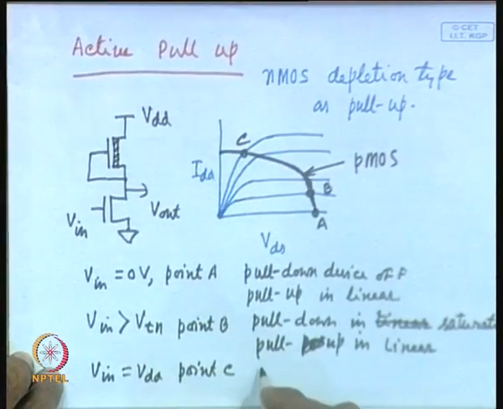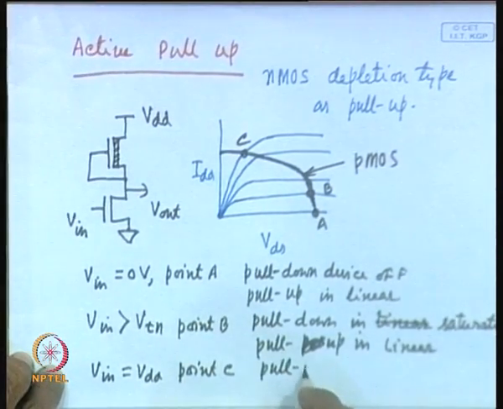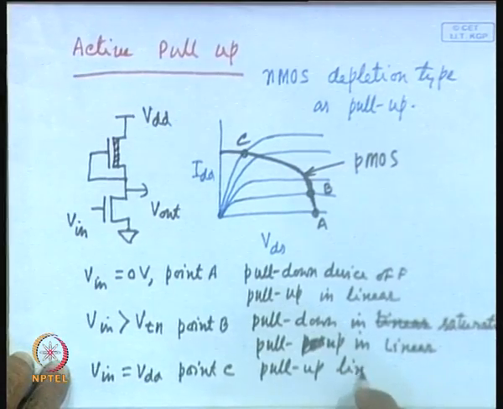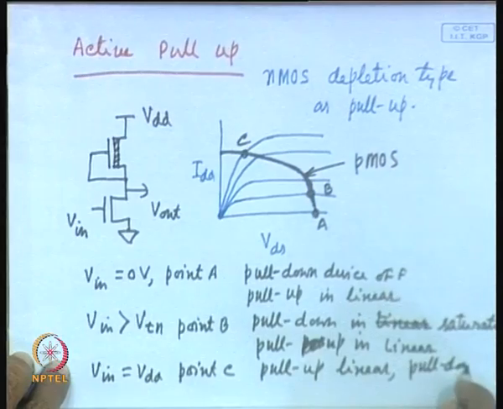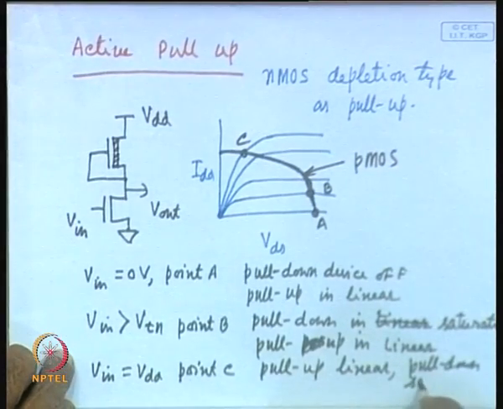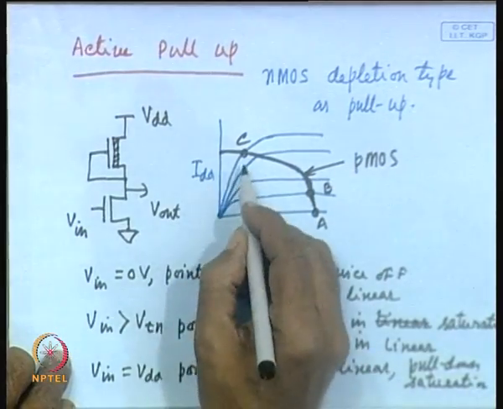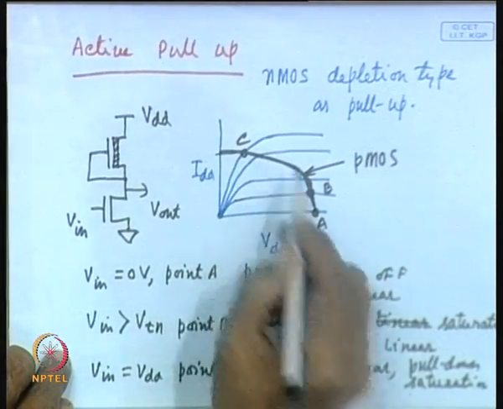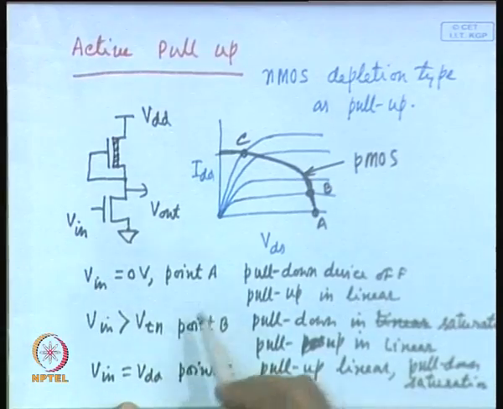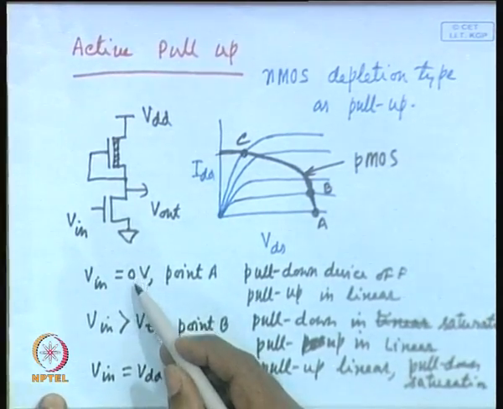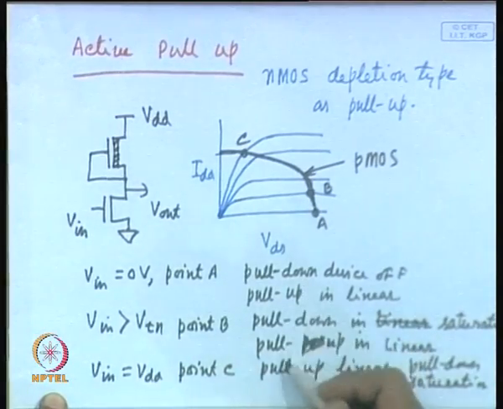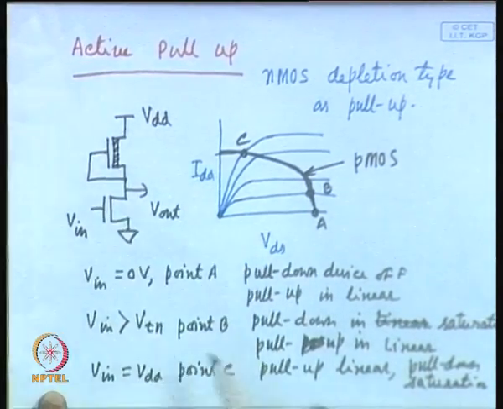Pull up is in linear and pull down in saturation. Pull down is in saturation because this part is linear. So, you can see here as the input voltage changes from 0 to VDD, the operation of these transistors changes.